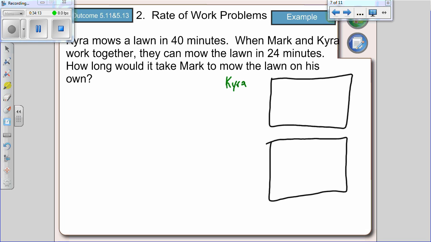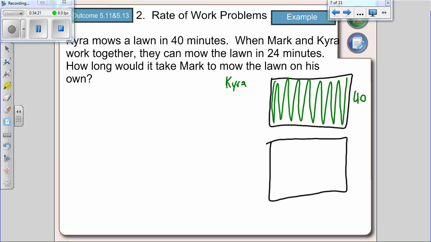This is how I like to visualize it. Kyra's going to start on one corner, Mark's going to start on the other corner, and they're going to work towards each other. So Kyra's going to mow about this far until she crashes into Mark, who's been doing his job and only did that much.